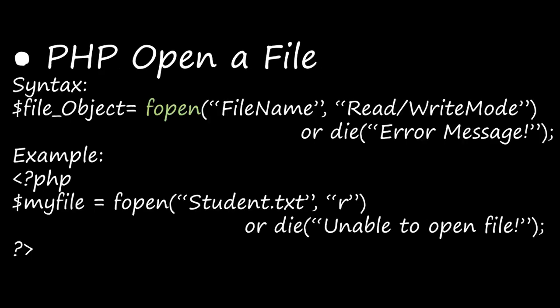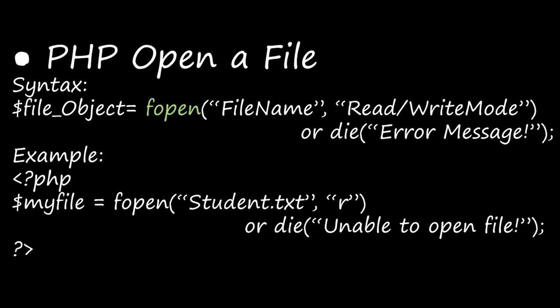fopen is the code for opening a file, right? This function helps to open a file. Here we will have two parameters. One is the file, and the next is the mode in which you want to open the file, either read or write.